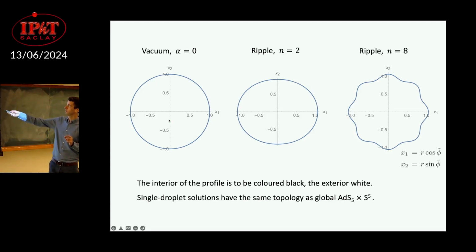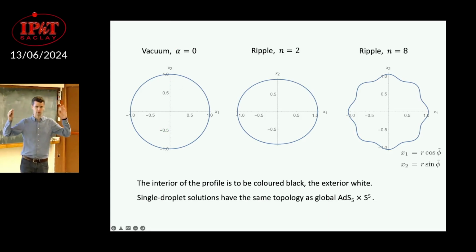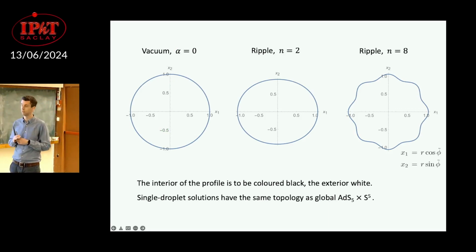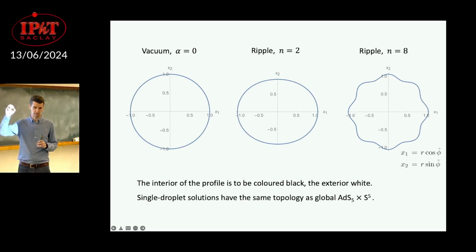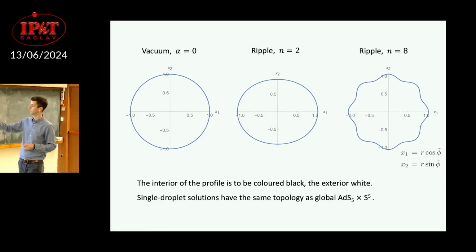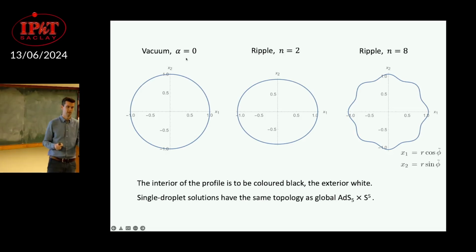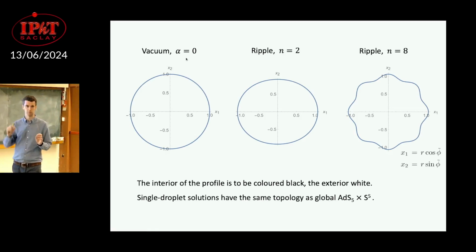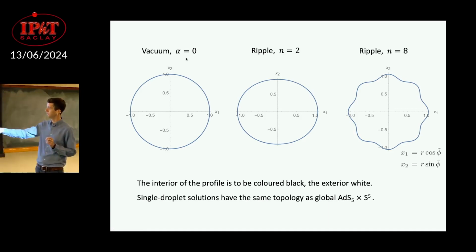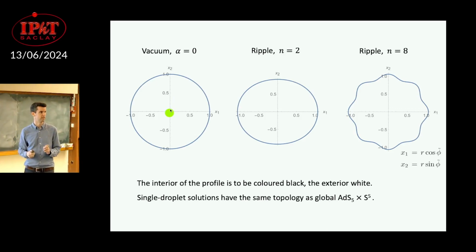When you're in the white region, you're far away in AdS5, not close to the center of it, but you're sitting at the north pole of S5 where the S3 has shrunk smoothly. As you come in towards this region, at some point you get to the center of AdS5, and you're still sitting at the north pole of S5, but as you move in the interior, this is still part of the space-time, you're moving on the S5, but sitting at the center of AdS5.